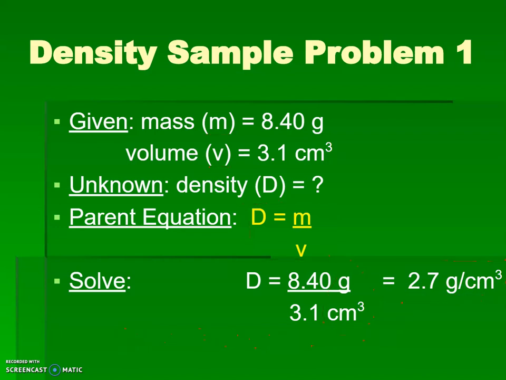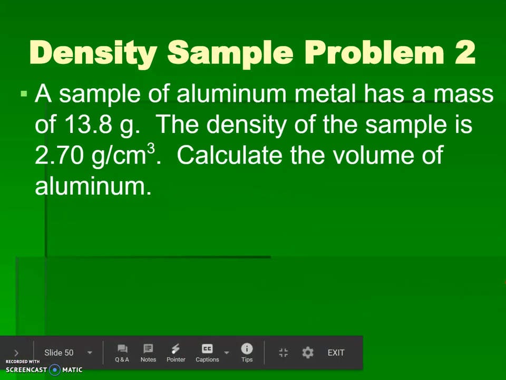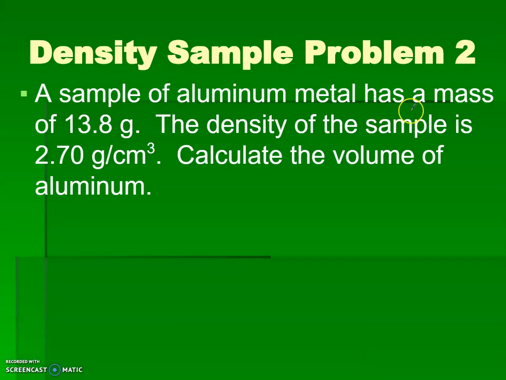Okay, so let's take a look at a second example for density. All right, in this problem, we see that a sample of aluminum metal has a mass of 13.8 grams, and we know that the density of the sample is 2.70 grams per centimeters cubed. What's the volume going to be?